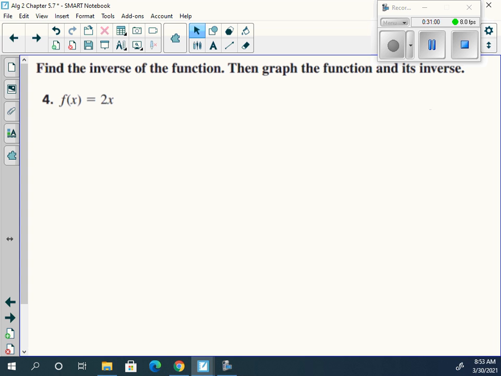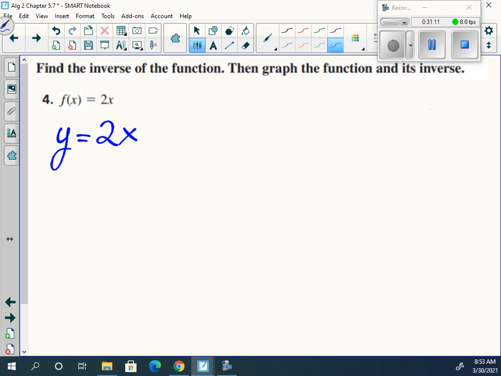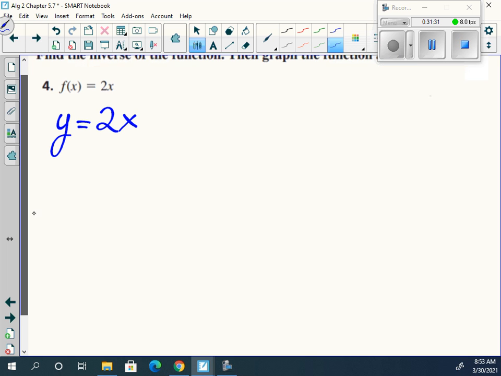Find the inverse. I'm not worried about graphing. So our first main step in this here is to rewrite f of x as y. And then what is our next step?